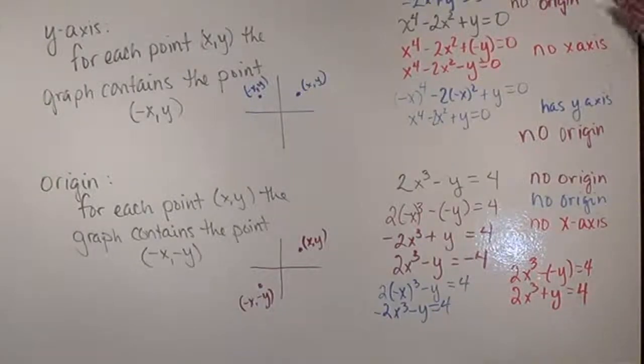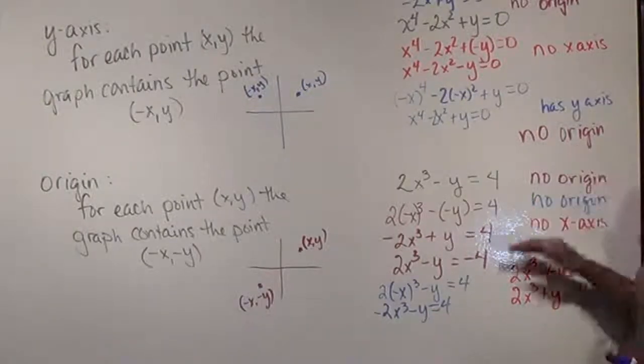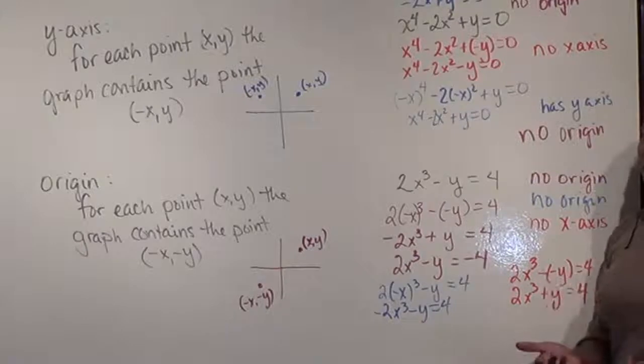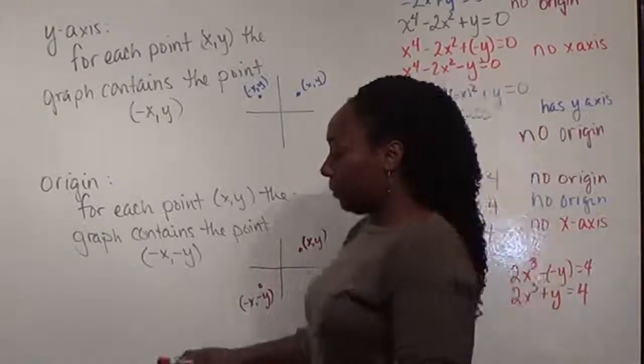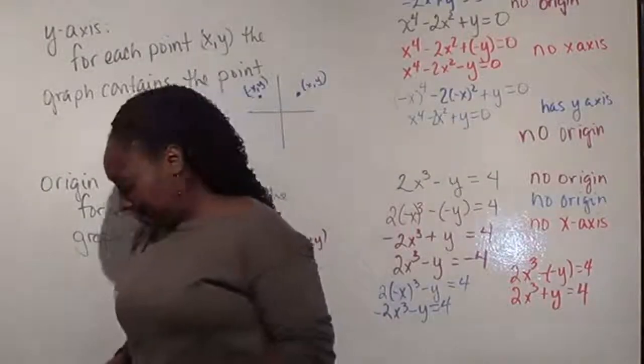So again, I can have one of the three, I could have none of them, or again, you could have all three. And the next thing we're going to talk about looks at that.